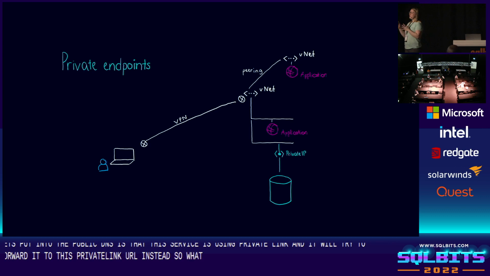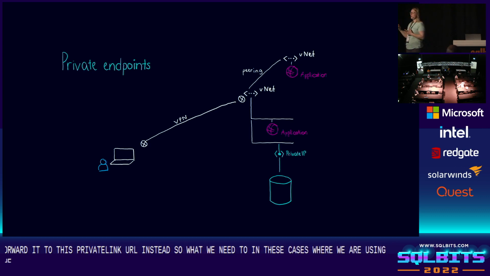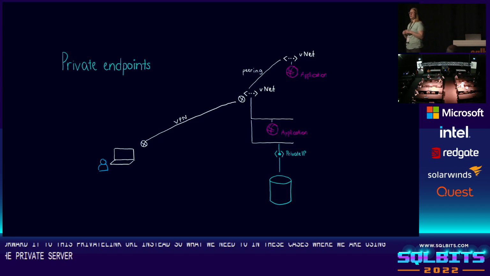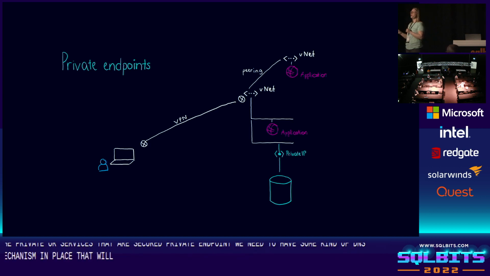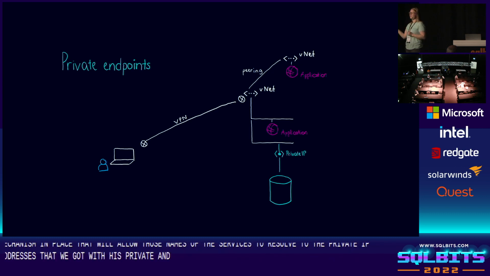So in these cases where we are using Azure services that are secured by private endpoint, we need to have some kind of DNS mechanism in place that will allow those names of the services to resolve to the private IP addresses that we got with these private endpoints.